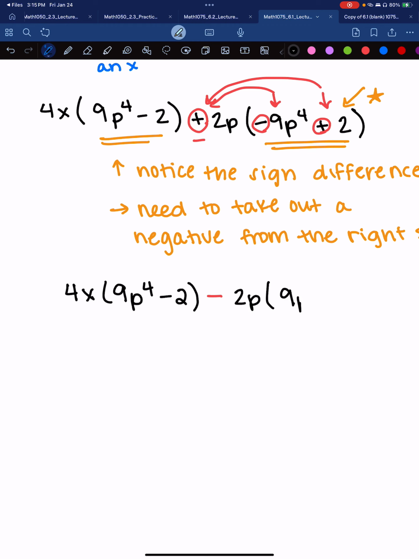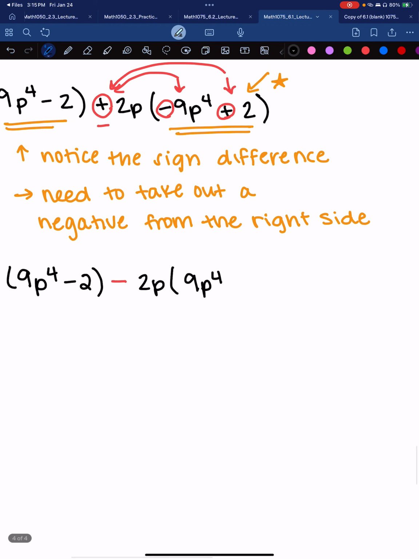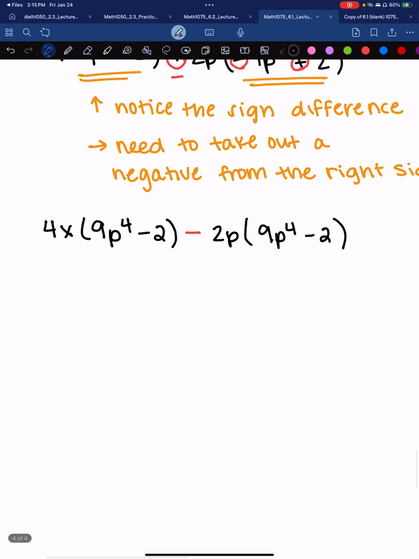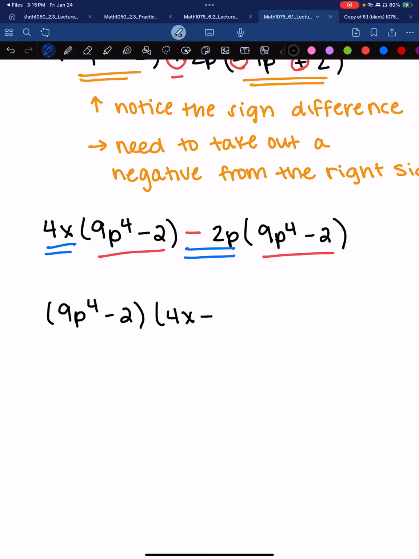So 9p to the 4 becomes positive, and that positive 2 becomes negative 2. And now these are exactly the same, which means we've done it correctly, and we can take that out. We have 9p to the 4 minus 2. And then what's left will go in our next parenthesis. So it'll be 4x minus 2p.